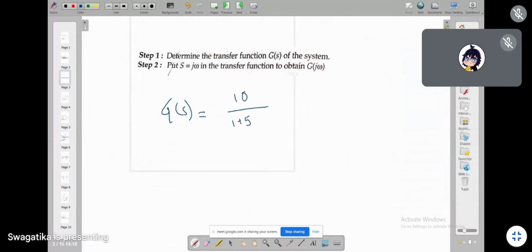Then how will you determine? First you have to find out G(j omega). That will be the new transfer function in j omega.